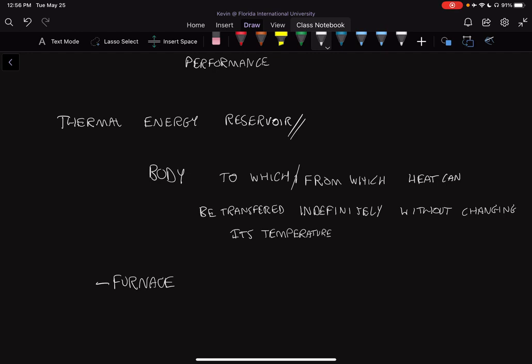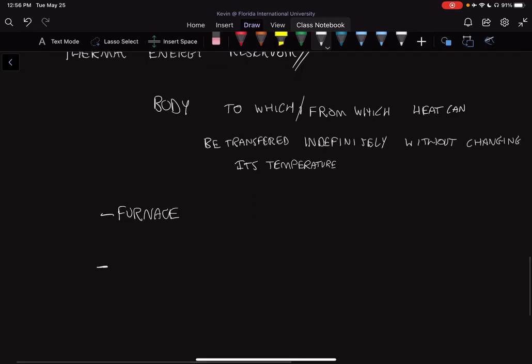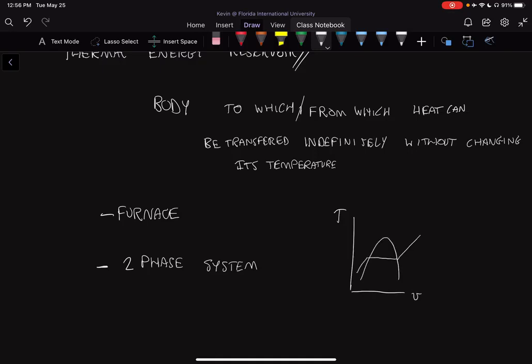Another example of a reservoir is actually an interesting system. It's a two-phase system. So what's a two-phase system? A two-phase system, if you remember, if we have our TV diagram, is a system that would be in this middle phase right here.